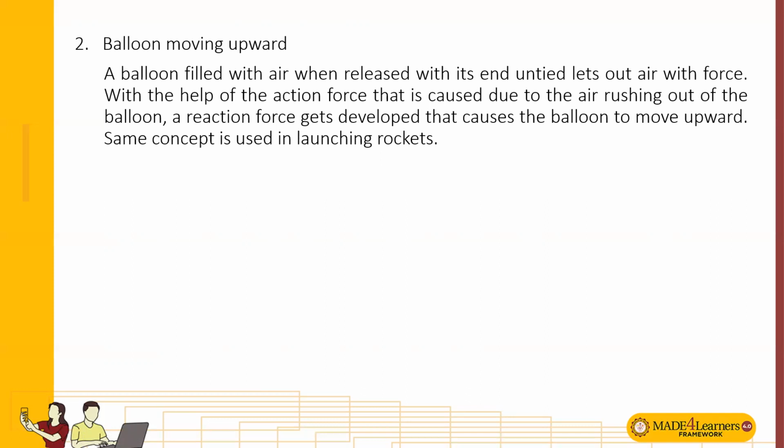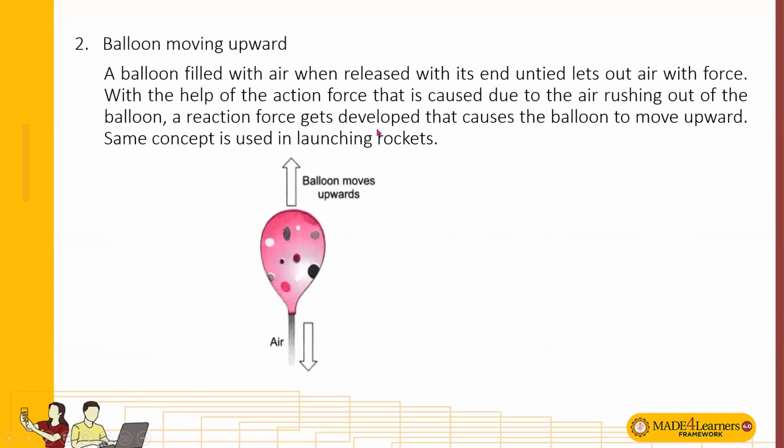So with the help of the action force that is caused due to the air rushing out of the balloon, with the difference in temperature or the pressure in the atmosphere and the pressure inside the balloon, a reaction force gets developed that causes the balloon to move forward. So same concept with rockets.